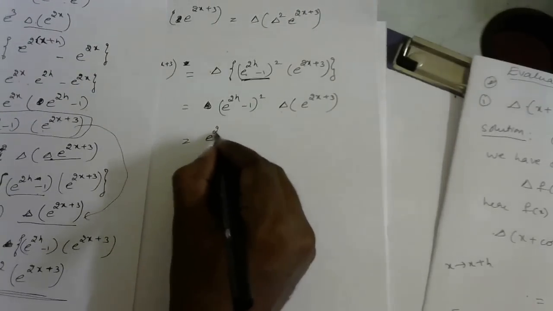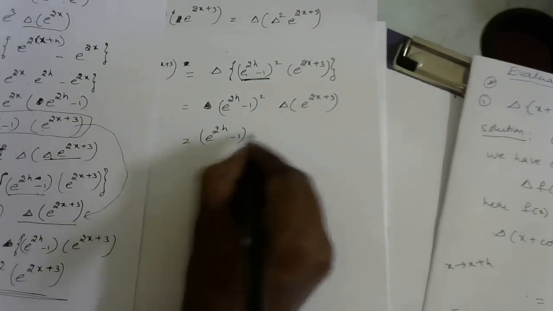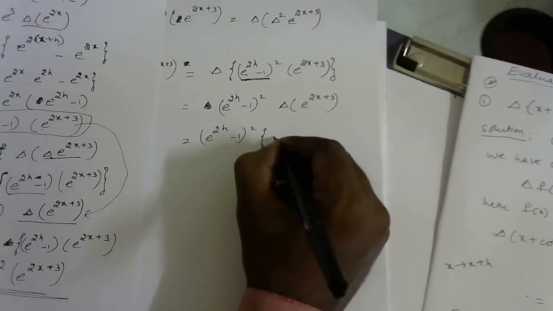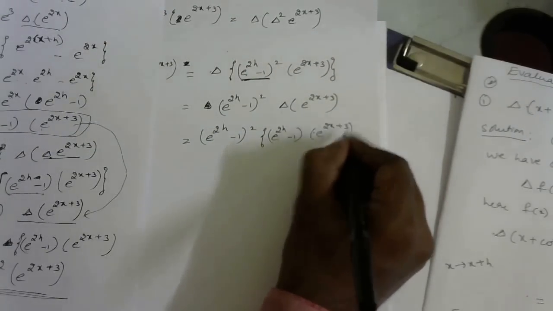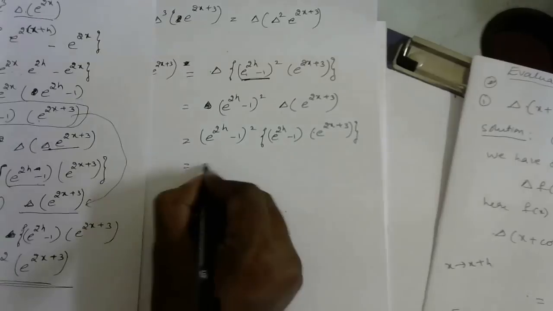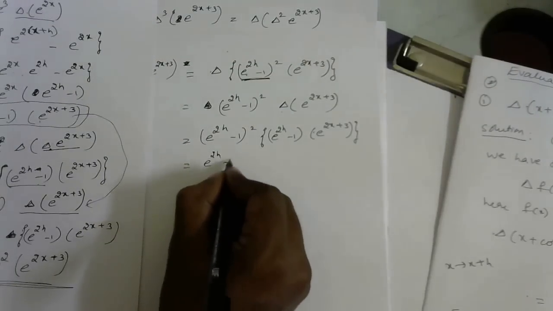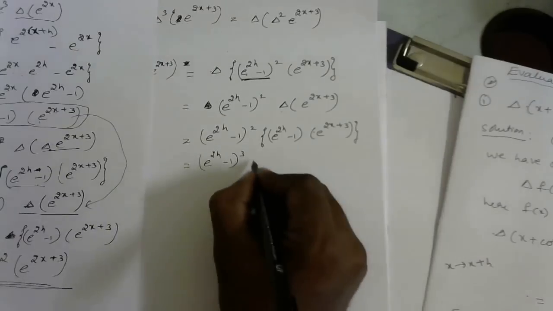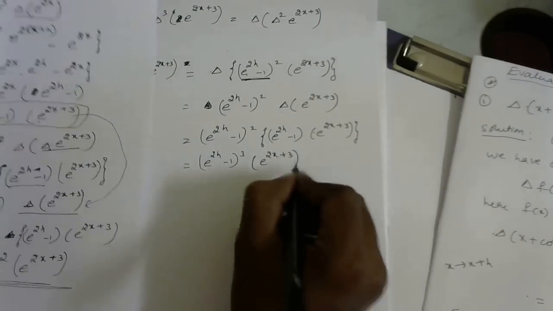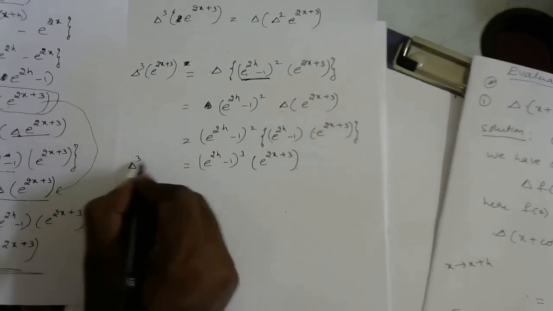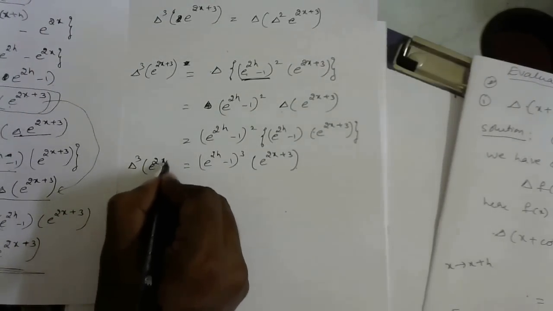So e to the power of 2h minus 1 whole square into e to the power of 2h minus 1 into e to the power of 2x plus 3. So this can be written as e to the power of 2h minus 1 whole cube into e to the power of 2x plus 3. So this is your delta cube into e to the power of 2x plus 3.